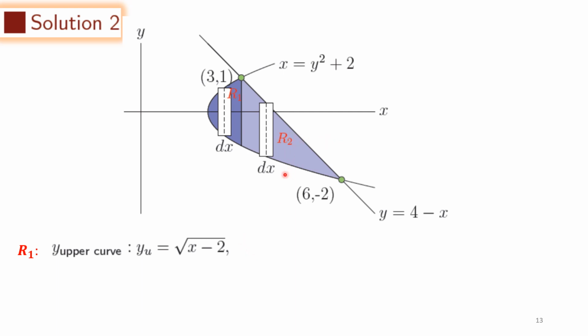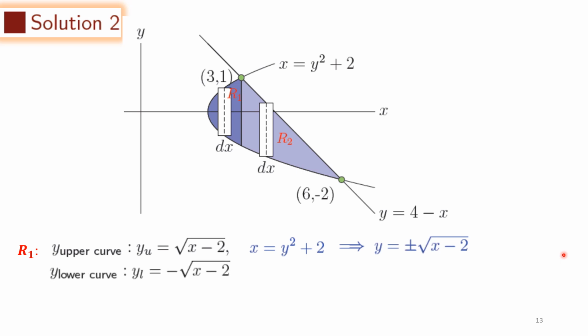Then the lower curve in this region is equal to the negative of the square root of x minus 2, because we have here plus or minus square root of x minus 2. So the upper is positive square root of x minus 2. The lower is the negative of square root of x minus 2.